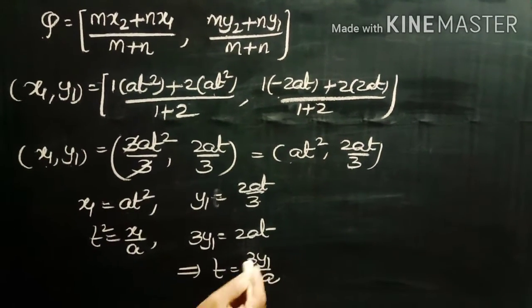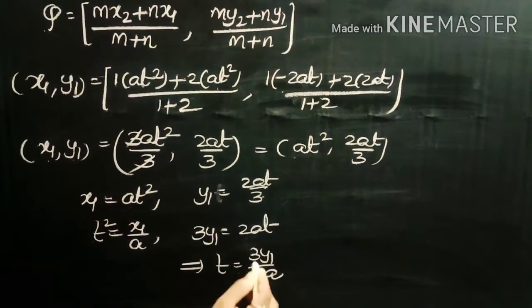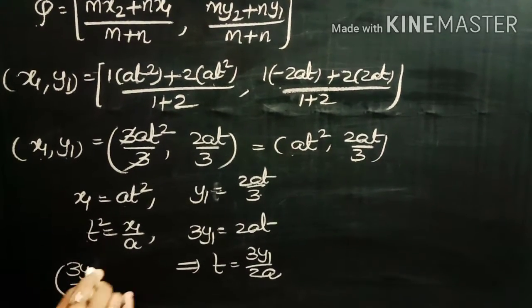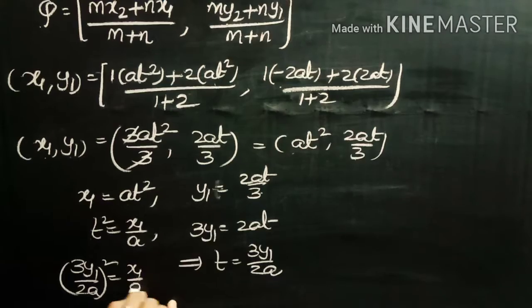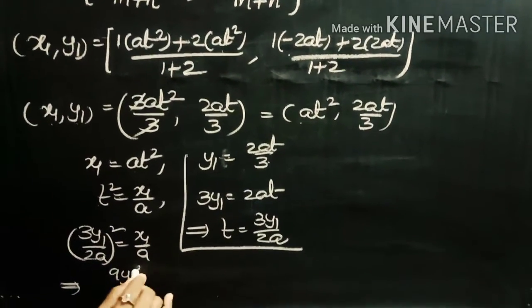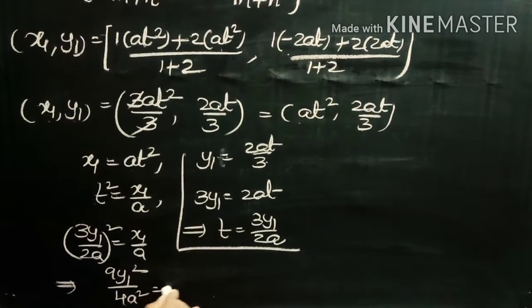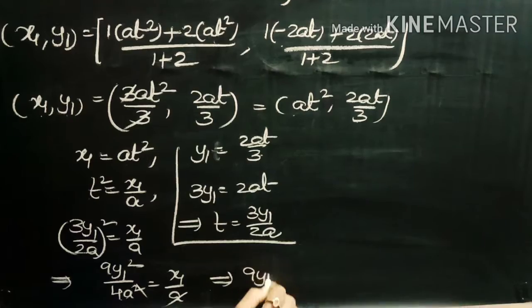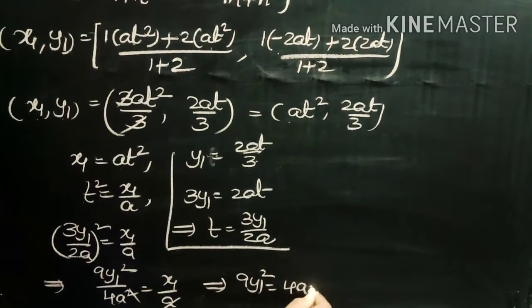Now replacing this t value in the equation t square equals x1 by a, we get (3y1 by 2a) whole square equals x1 by a, which implies 9y1 square by 4a square equals x1 by a. Now taking the cross product, 9y1 square equals 4a x1.